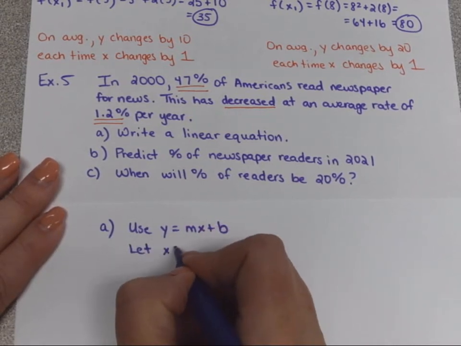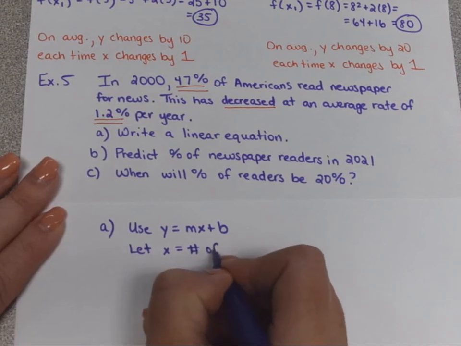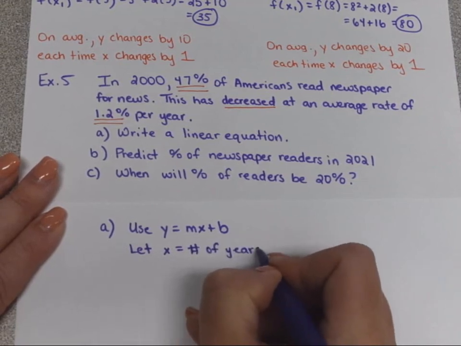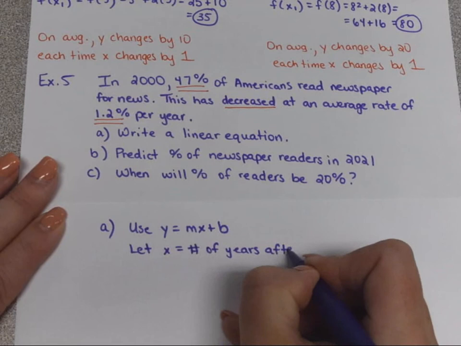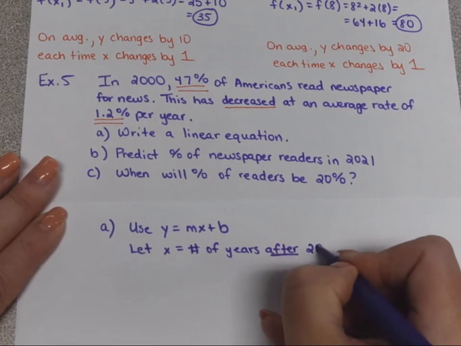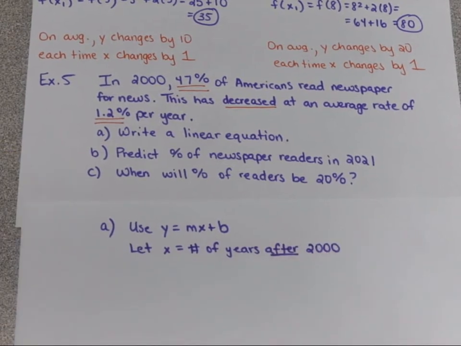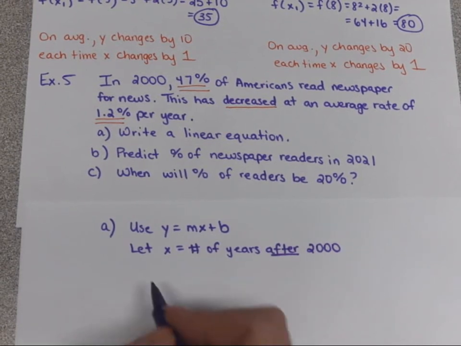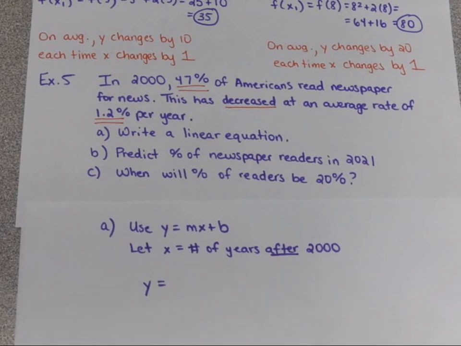We're going to let x equal the number of years after 2000. Because notice the problem tells us that it starts in what? When are they starting to kind of keep track of this? In 2000. Okay. So let's talk about what that would be. Okay, so it's going to look like y equals. So which number is talking about a slope? In other words, which number is discussing a rate of change?